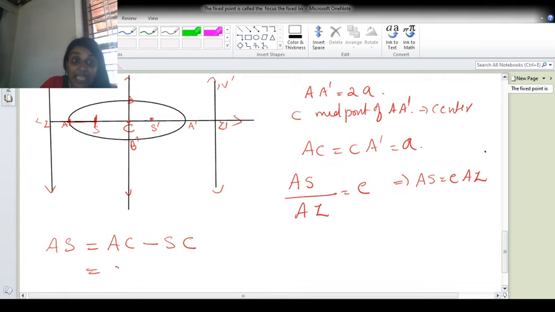We know AC is a. So AS equal to a minus SC. So AS is the same as e times AZ.